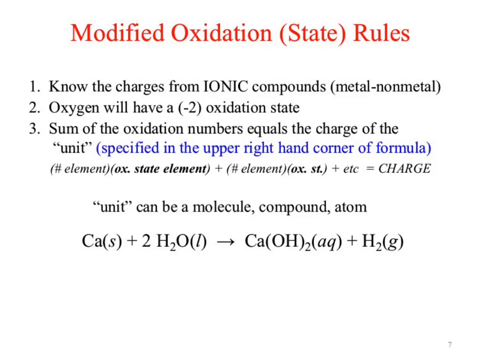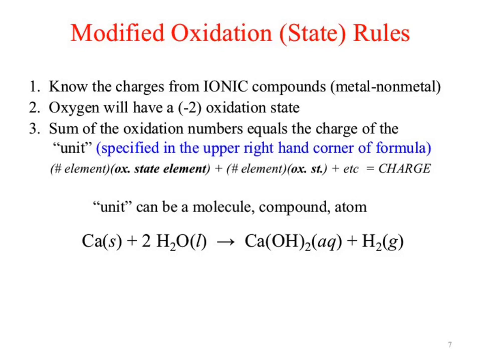What happens when I bond oxygen to oxygen? Which oxygen steals the electrons? Neither. Because they have the same electronegativity, we get a different oxidation state coming out of that. 99% of the time, oxygen's going to have a -2 in a compound.